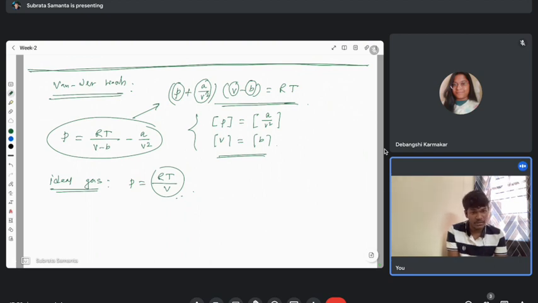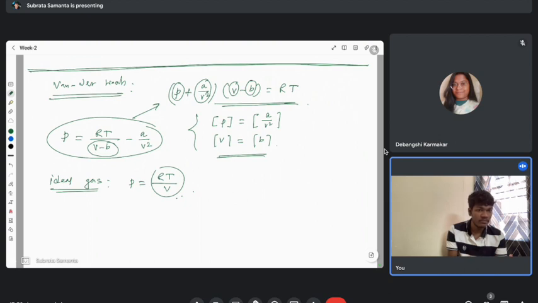For the real gas, the volume becomes modified. This is the real gas situation for the van der Waals gas. The actual volume available for the motion of these molecules is V − B, because each molecule acquires a volume B.